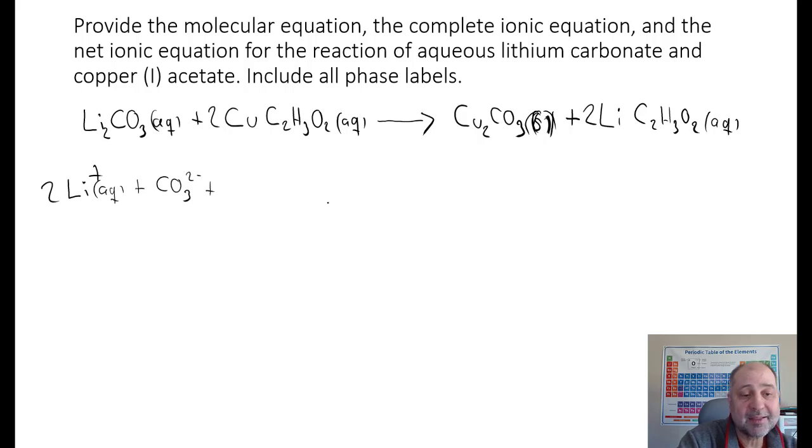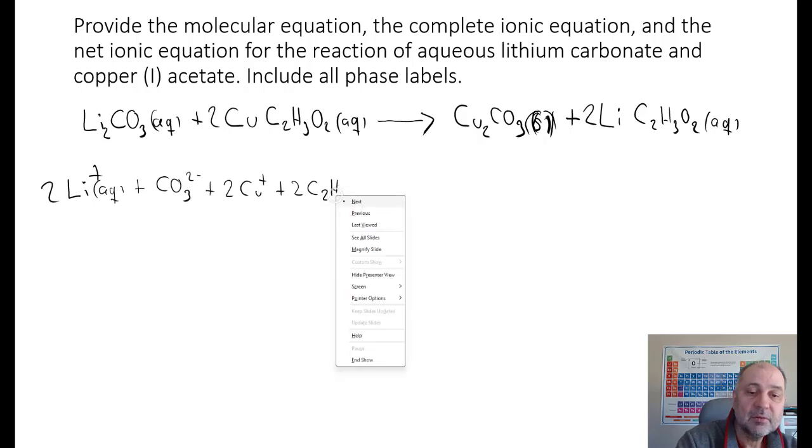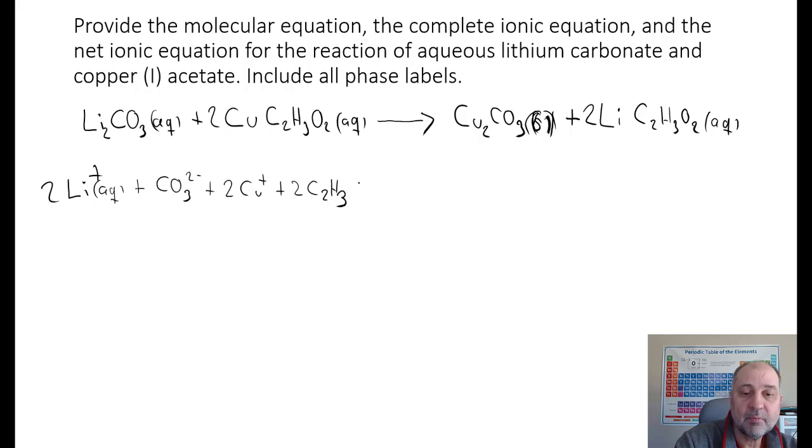Then from copper 1 acetate, we have 2 copper ions, need the charge, and 2 acetate ions, C2H3O2 minus. See, I'm already running out of space.